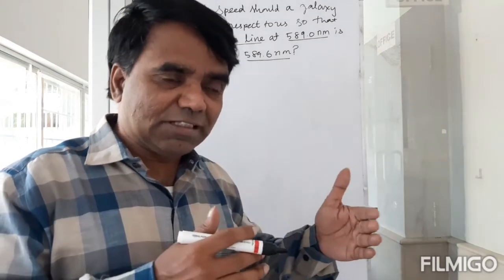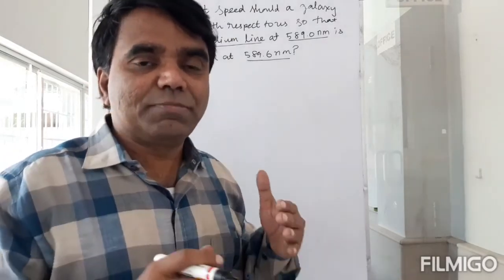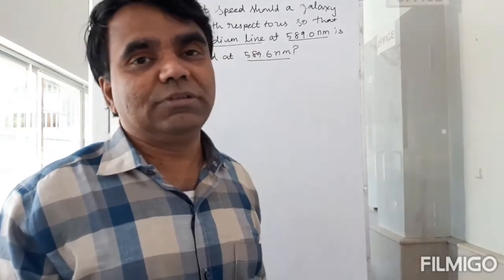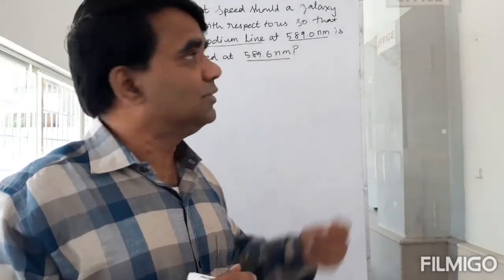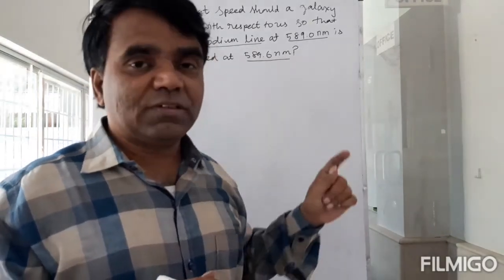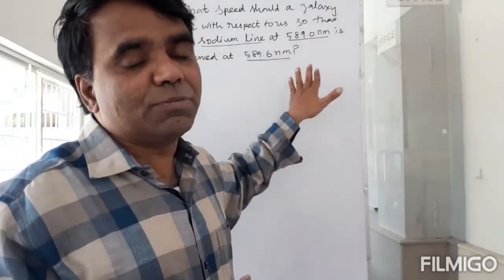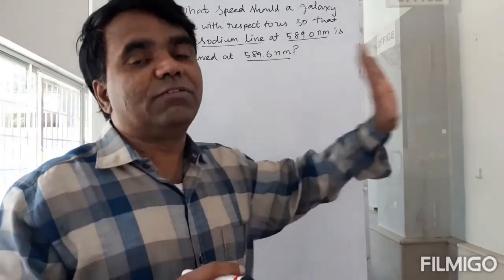So if the frequency becomes lower, smaller, then what does it mean? It means that the source must be moving away from you. You are shifting towards red. So redshift is what you are observing. So the galaxy is moving away from you.